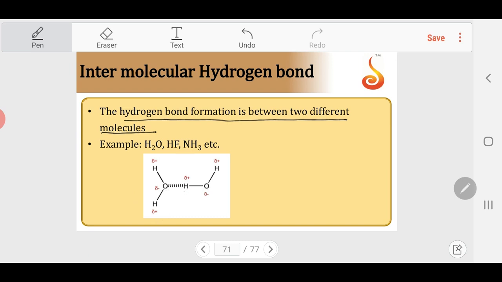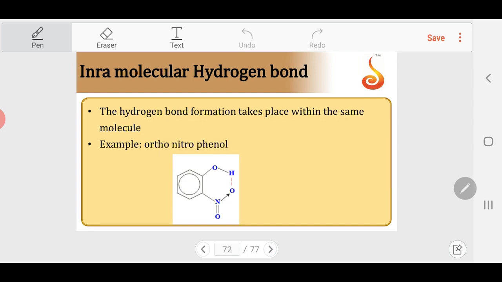Here hydrogen is bonded to this oxygen by a covalent bond, and the dotted line we can see is the hydrogen bond. So the two water molecules are joining together through a hydrogen bond. Because of this association of molecules, the consequence is that the boiling point will be elevated.